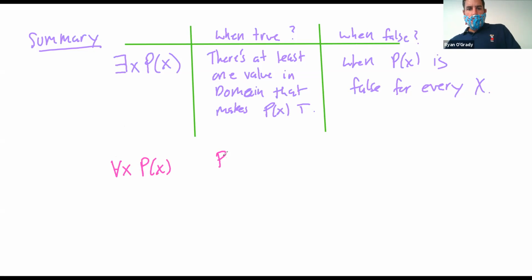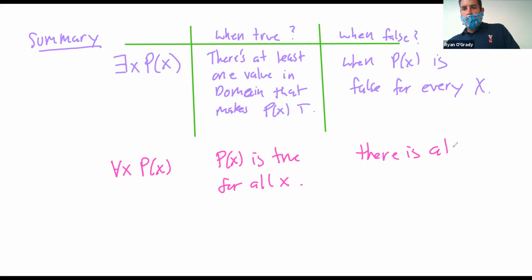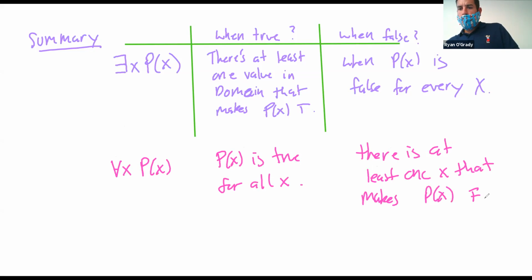This is true when P of x is true for all x in the domain. And it's false when there is at least one x in the domain that makes P of x false.